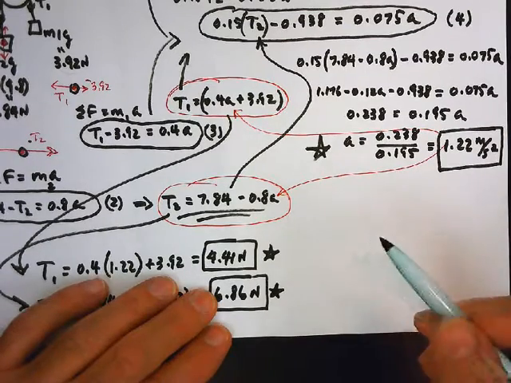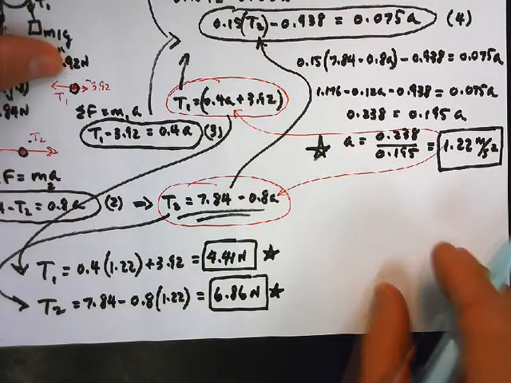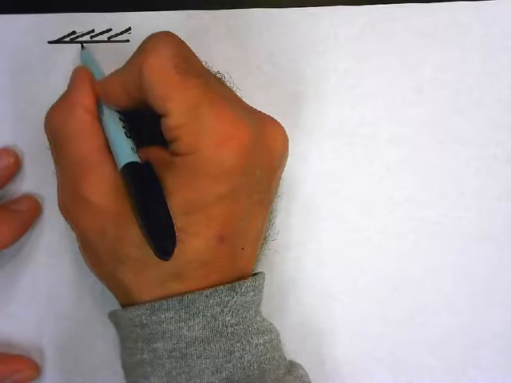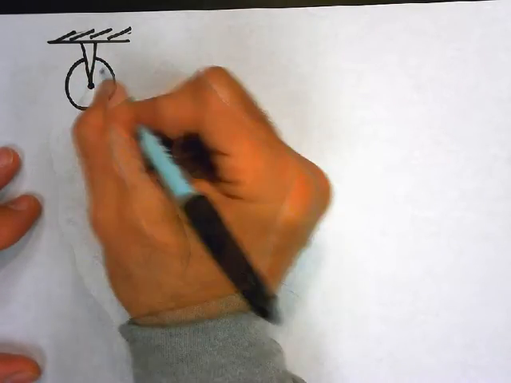Okay, well, to do that, I probably should get another page and let's think a little bit of what the system we're dealing with is at this point. We're talking about that bracket there exerting an upward force on this big pulley disc.